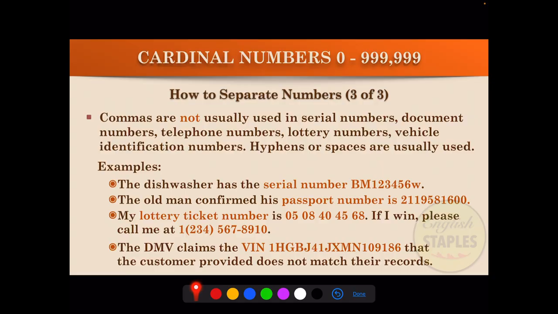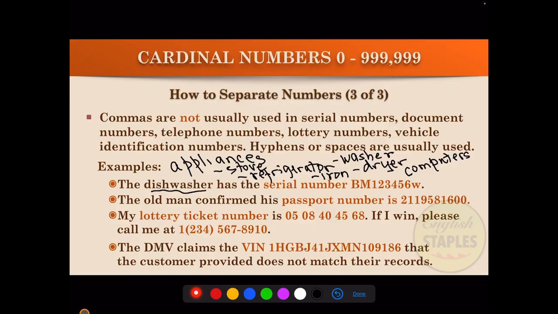The dishwasher has the serial number BM123456W. So serial numbers are important. This is why it's so important that you learn your alphabet and your numbers, because you have to be able to communicate this with your service companies.